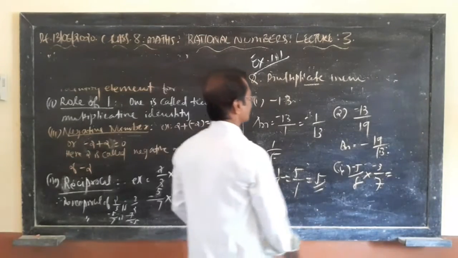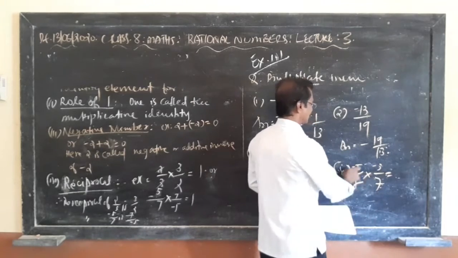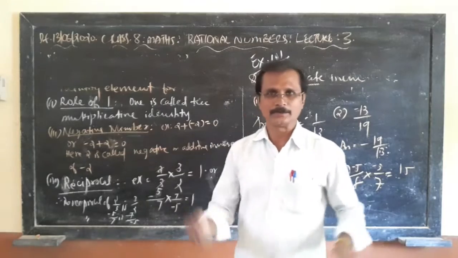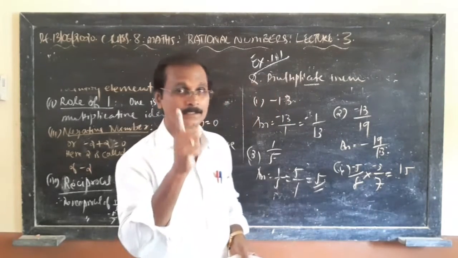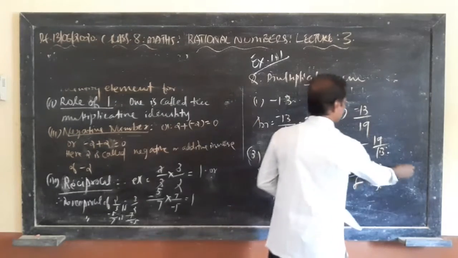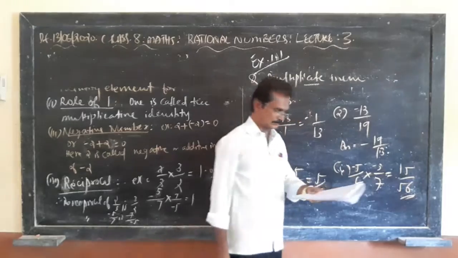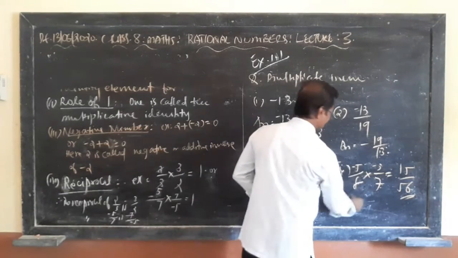What is the answer? We can directly multiply numerator into numerator and denominator into denominator. 5 threes are 15, and minus minus will come plus. When you multiply two negative integers, your answer will be plus. So 5 threes are 15, and 8 sevens are 56. So 15 upon 56.